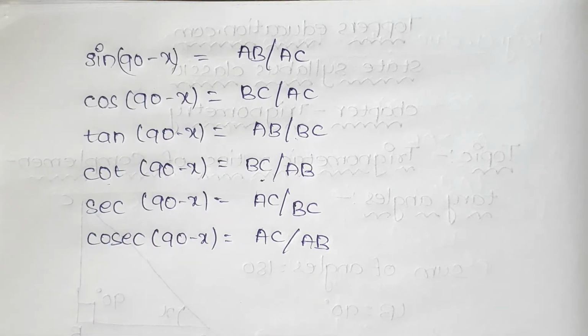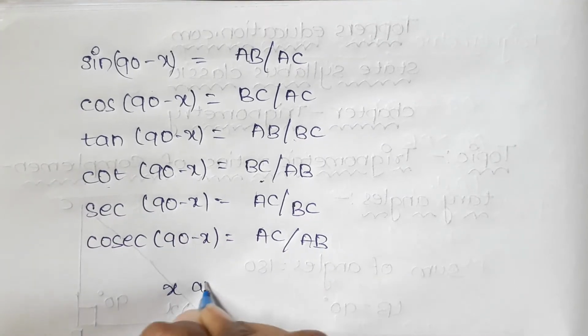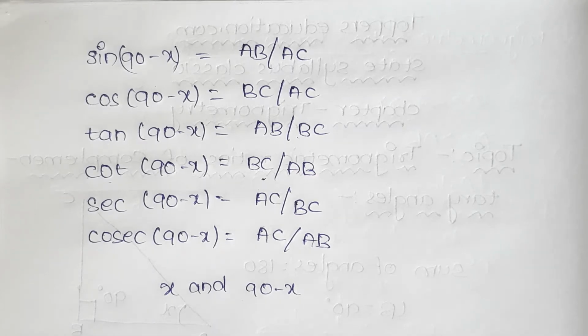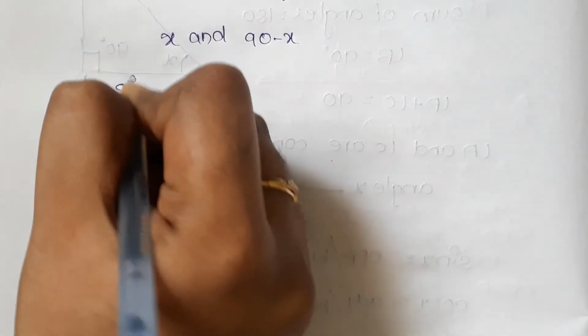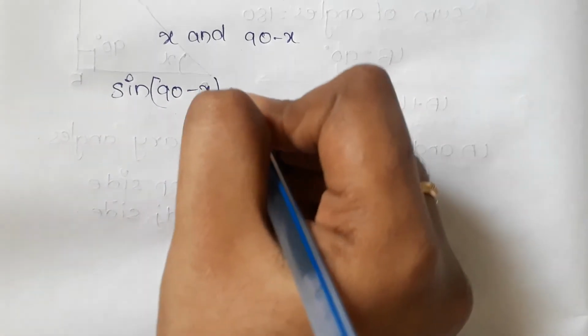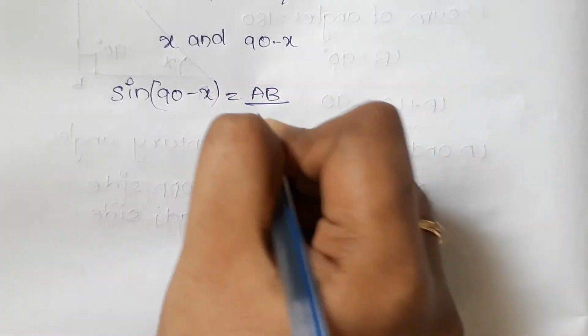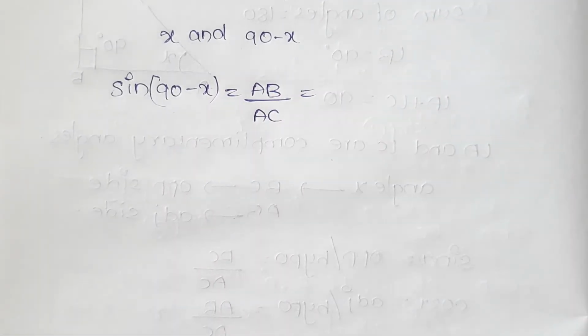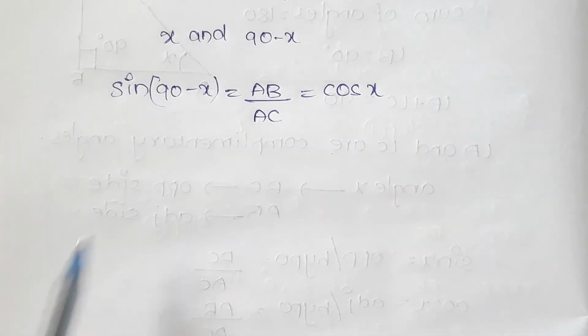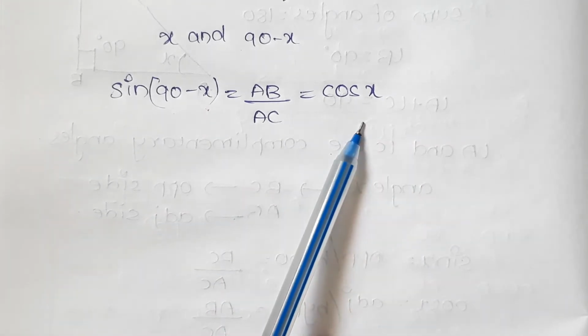These are the values of the trigonometric ratios for 90 minus x. And now if we compare the ratios of the angles x and 90 minus x, then from the above values we will have different trigonometric terms. Now let us see them. Here sine of 90 minus x is nothing but AB by AC, and AB by AC is nothing but cos x. So sin 90 minus x is equal to cos x.